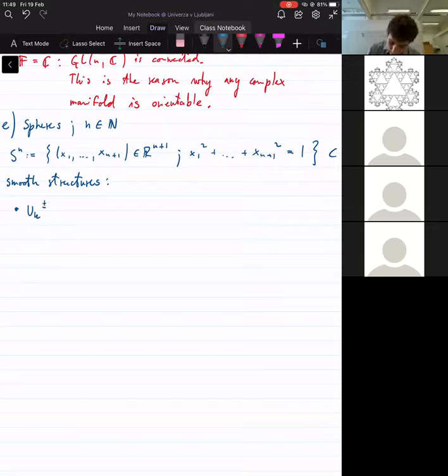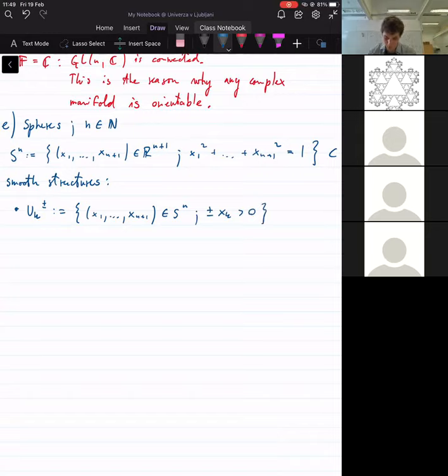So let's define the set U_k^± to be the set of all such vectors, or whatever you want to say, from Sn, such that ±x_k is greater than 0.